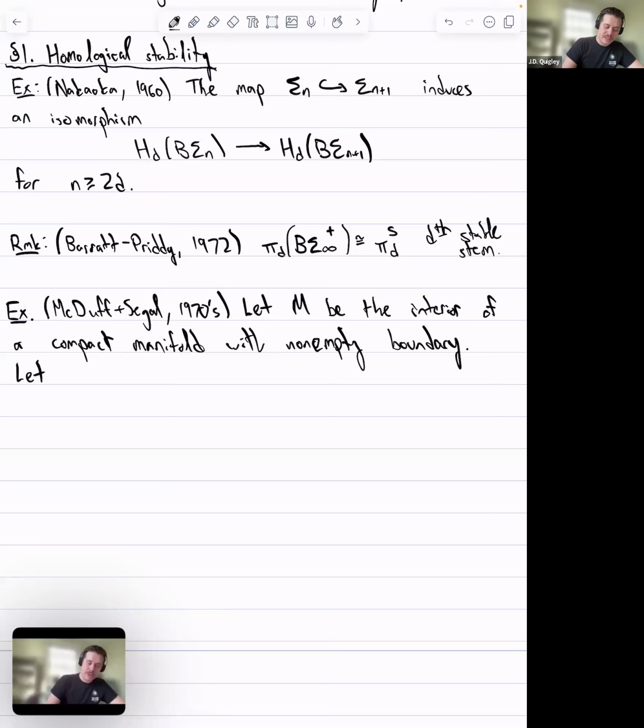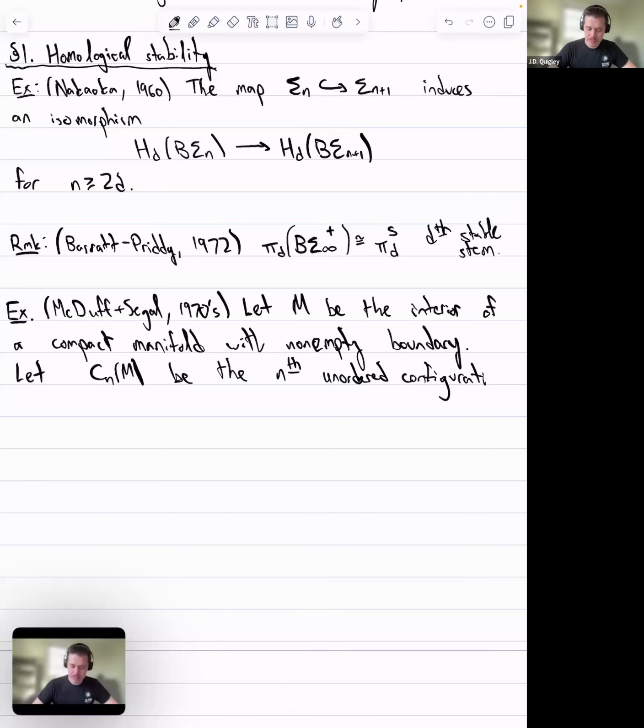Then we can let C_n of M be the nth unordered configuration space of M. And I'll draw a picture of what a point in that space looks like.